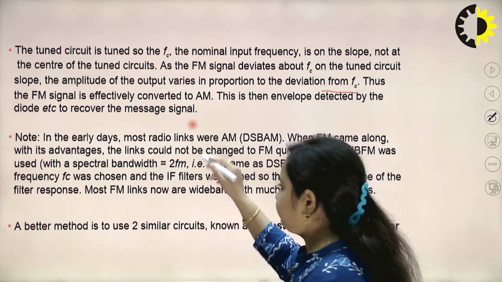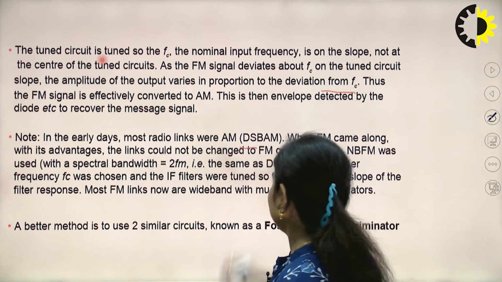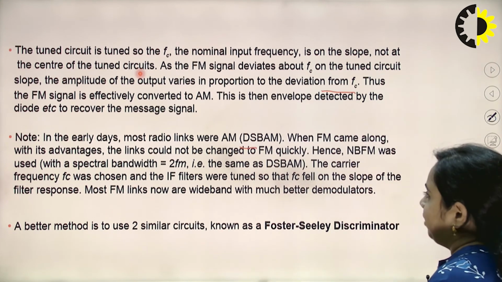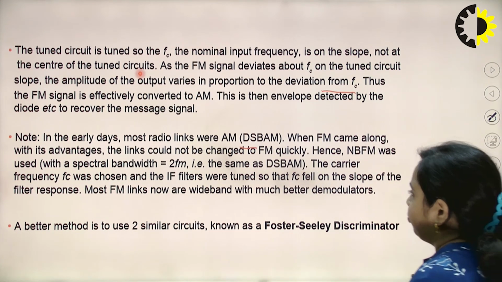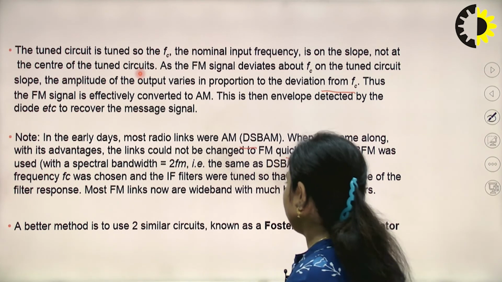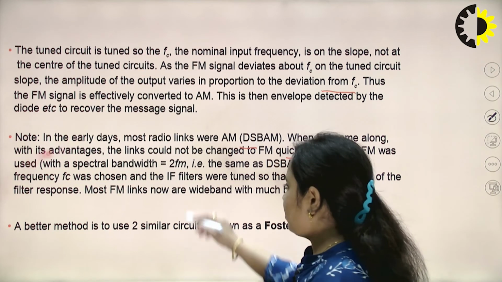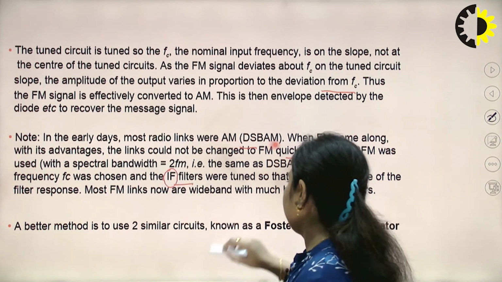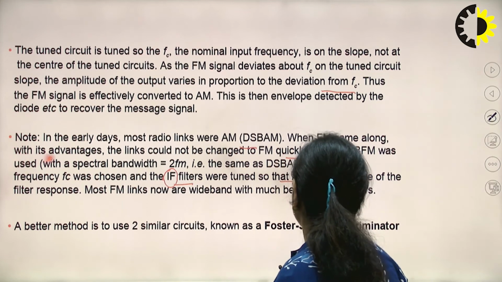Note, in the early days, most radio links were AM, that is DSB AM. When FM came along with its advantage, the link could be changed to FM quickly. So hence NBFM was used, the carrier frequency FC was chosen, and the IF filters, that is intermediate frequency filters, were tuned so that the FC fell on the slope.